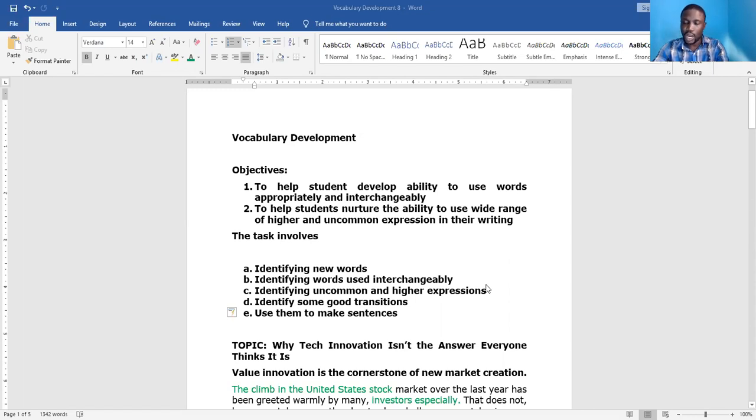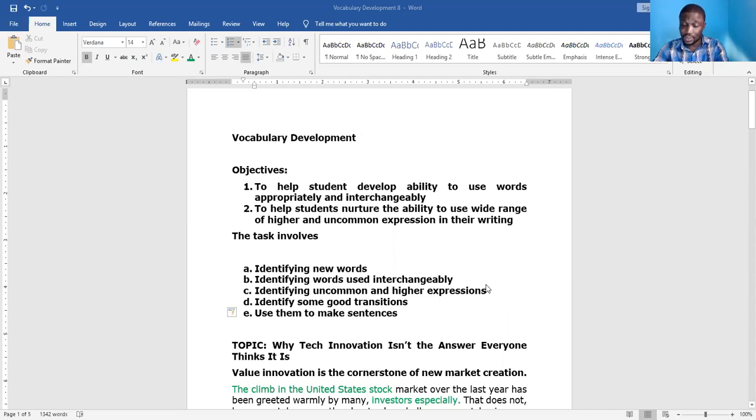For example, a lot of people will say, for example, as many as 4 or 5 times in their essay because they are trying to cite an example. But there are various ways to cite examples.